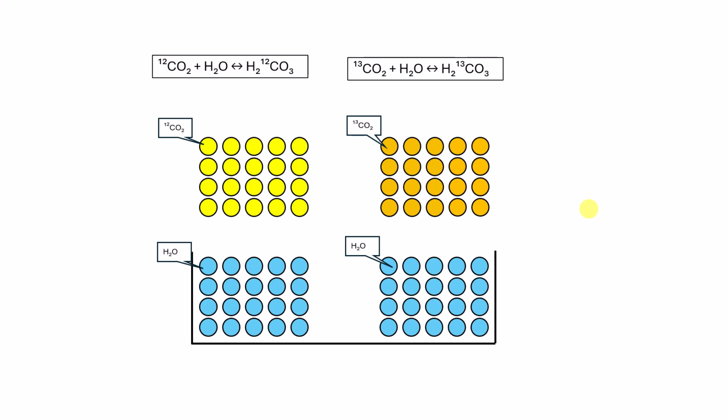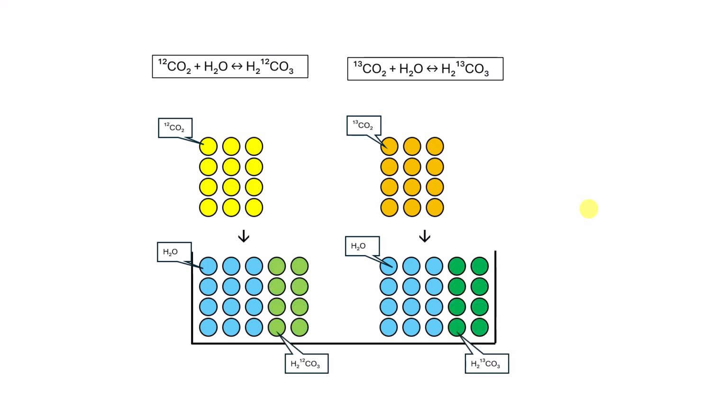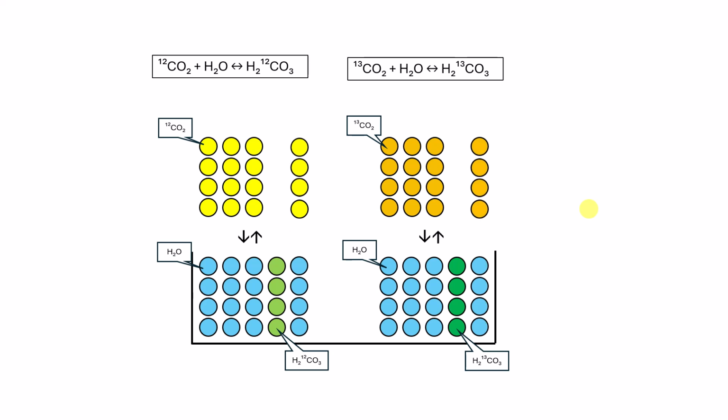Then over here I had reacted 8 12CO2 and 8 13CO2 molecules with water, leading to 8 H2 12CO3 and 8 H2 13CO3. And then out of these 8, 4 had broken back into H2O and 12CO2 and their respective water and 13CO2 molecules to form the backward reaction.